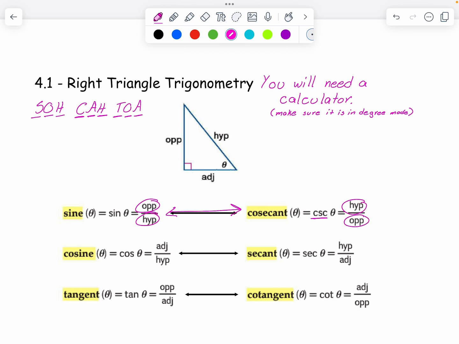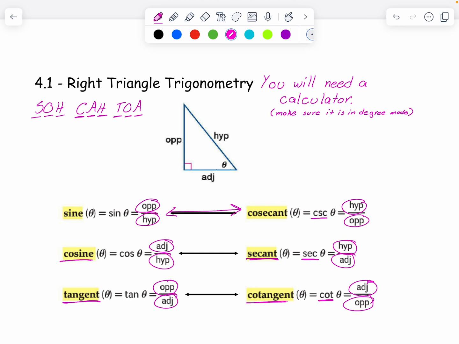Cosecant is abbreviated CSC. Then the reciprocal of cosine is secant. It's abbreviated SEC. And if cosine is adjacent over hypotenuse, then that means secant is hypotenuse over adjacent. And then the last one, we have the reciprocal of tangent. So the reciprocal of tangent is cotangent, and it's abbreviated COT. And so if tangent is opposite over adjacent, then cotangent is adjacent over opposite.